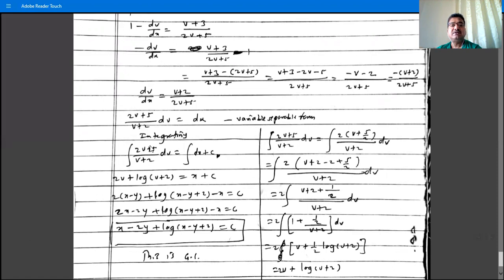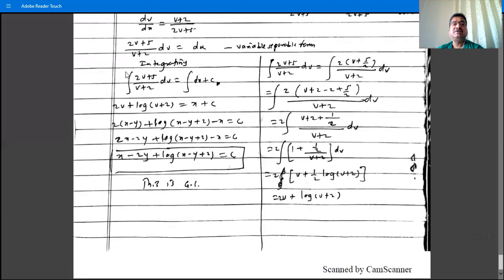So we have integration of (2v plus 5) divided by (v plus 2) dv is equal to integration dx plus c. And then what is the integration of (2v plus 5) divided by (v plus 2)? So I just take this 2 as common from the numerator. So we have 2 times (v plus 5 by 2) in bracket, then add 2 and subtract 2, because of the factor v plus 2 in the denominator.